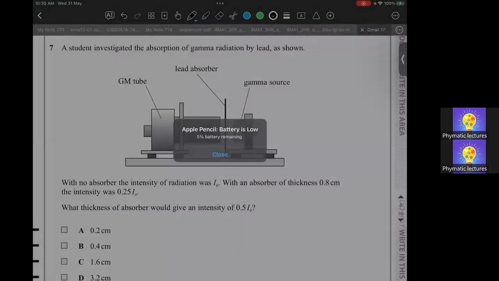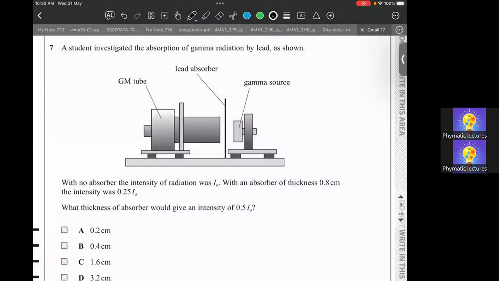Now, a student investigated the absorption of gamma radiation by lead. With no absorber, the intensity of radiation was I0. With an absorber of thickness 0.8 centimeter, the intensity was 0.25 I0. So that means the penetration power through lead.